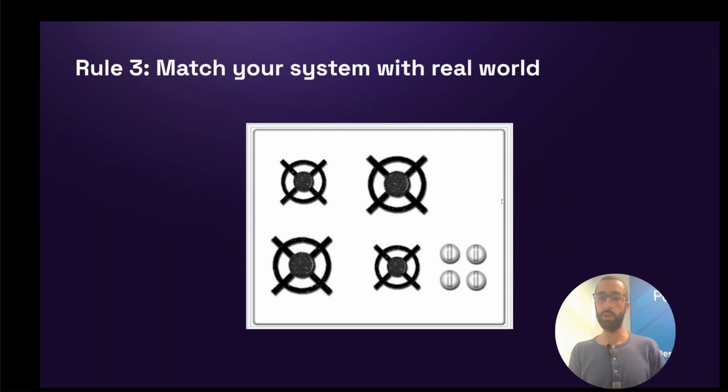For example, this is a solution. Now it is very clear which one will turn on which, this is the UI and this is the real world. It is very clear that this one will turn on this one and that one will turn on that one, because we don't need any explanation, because the UI matches the real world.